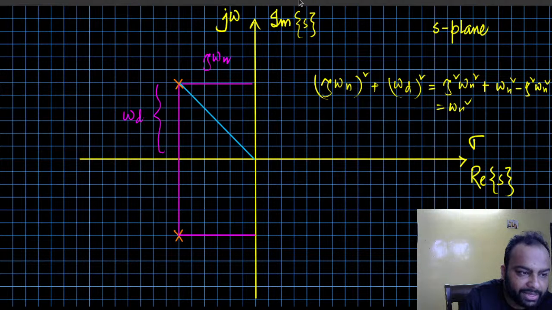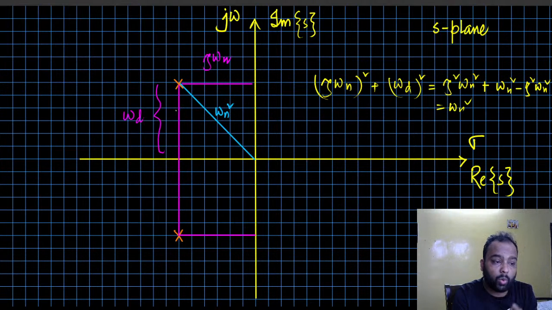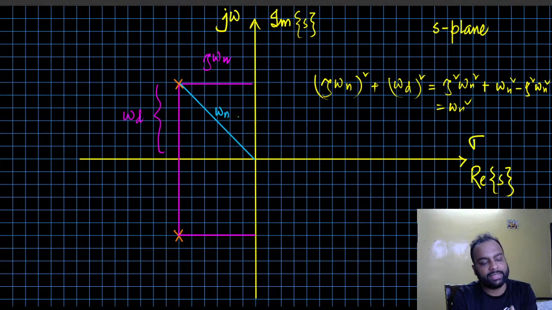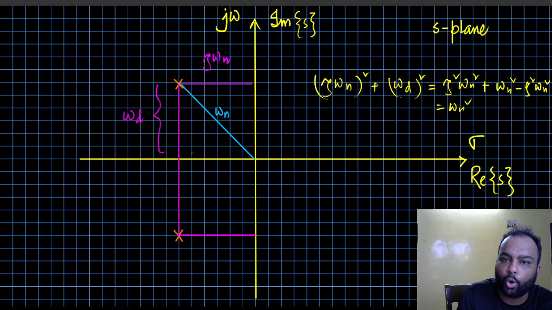So the square root of omega n square is omega n. So the distance of the poles from the origin would always be equal to omega n, no matter what.